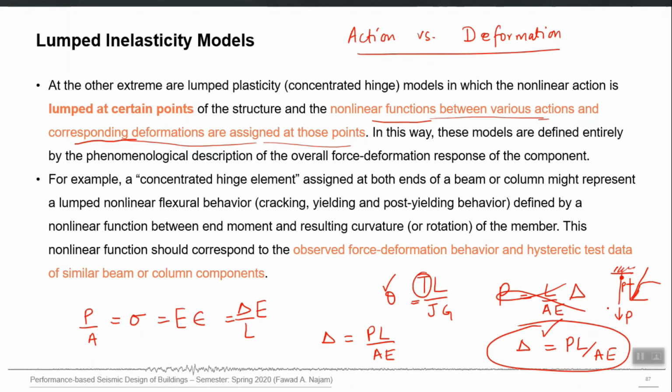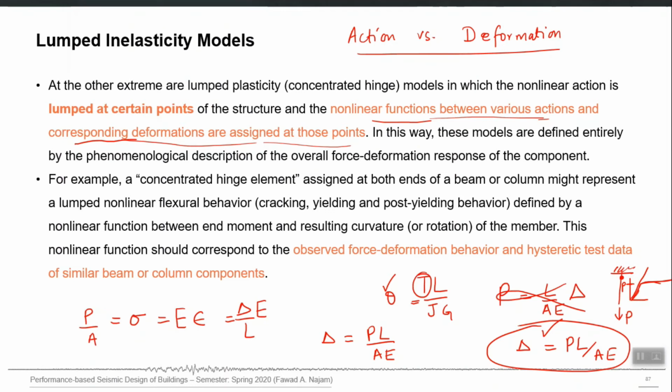If it is a metallic bar, then I may use a bilinear kind of force deformation behavior, right? And in a more sophisticated nonlinear model, I must also be able to define a cyclic behavior for this bar at that particular location which I selected as the location of lumped inelasticity.